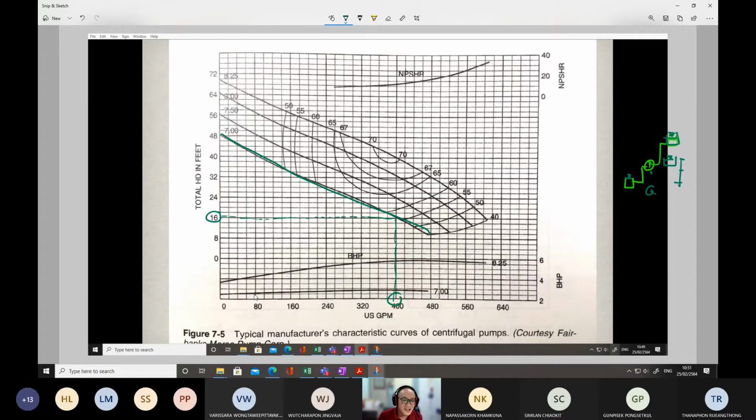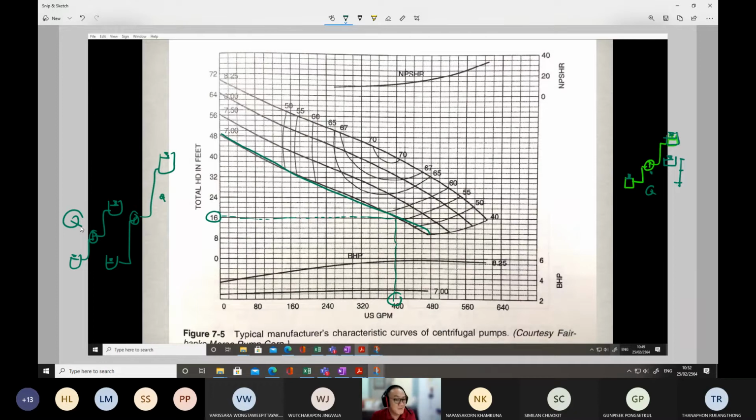But if you want to pump from a very low elevation to a very high elevation, you will get very small flow rates. But if you pump from lower elevations to higher elevations like this, where the difference is not so much, you will get larger flow rates.